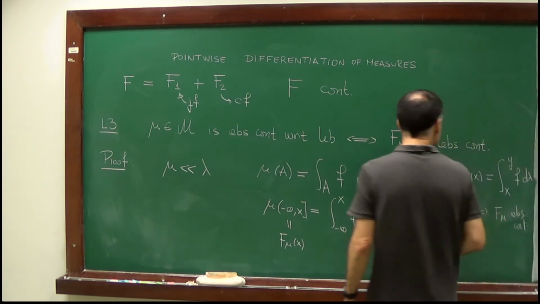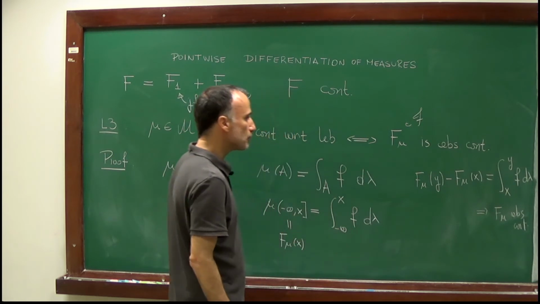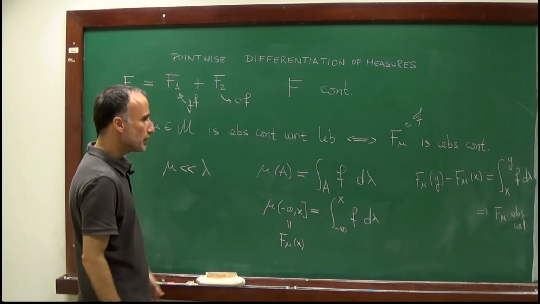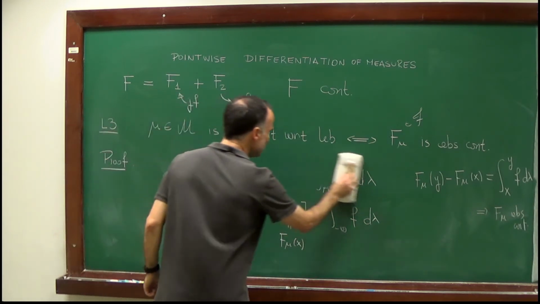Okay. So this proves that f mu is an absolutely continuous function, and proves one direction of the lemma. So now let's prove the other direction.